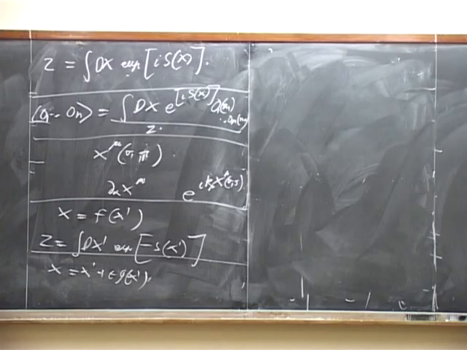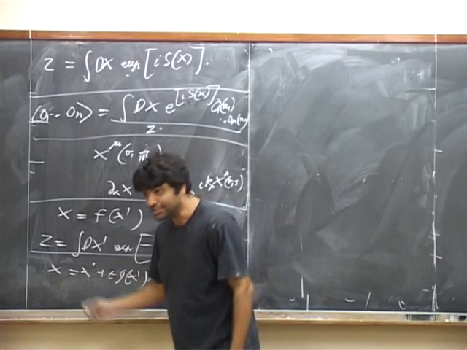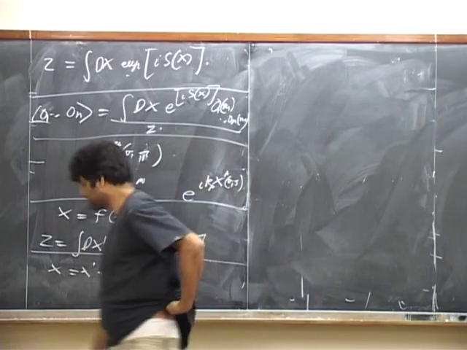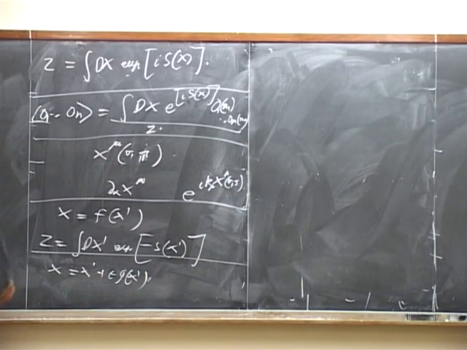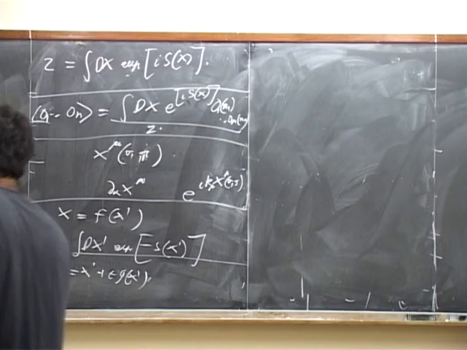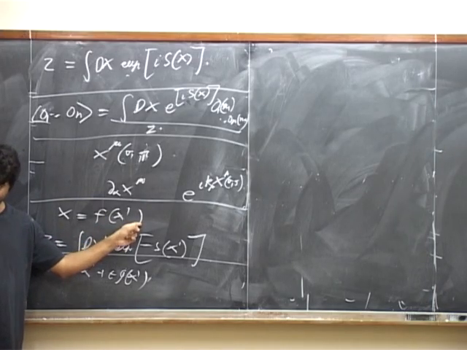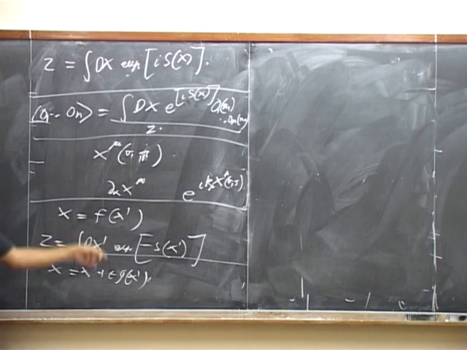Okay? So in particular, it's true that if we make this variable change, just a second. Then when you wrote Z in terms of x prime, you have not imposed any symmetry yet. Well, there is a symmetry if there exists a variable change such that if I make the variable change, the integral does not change.